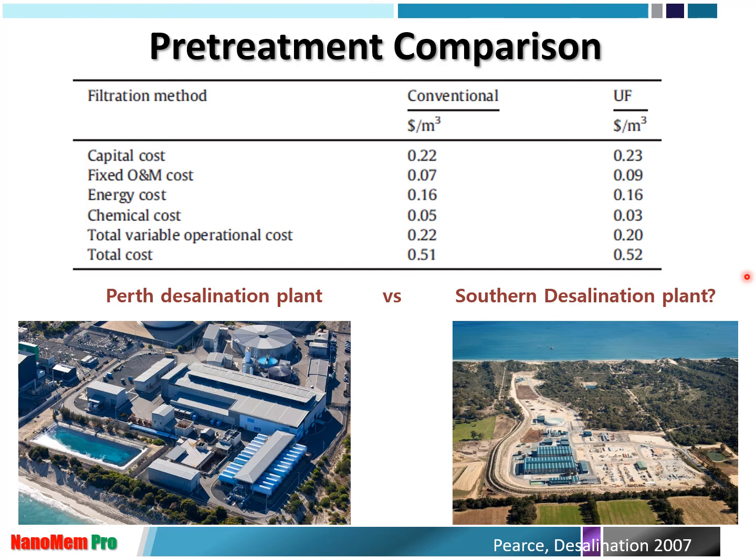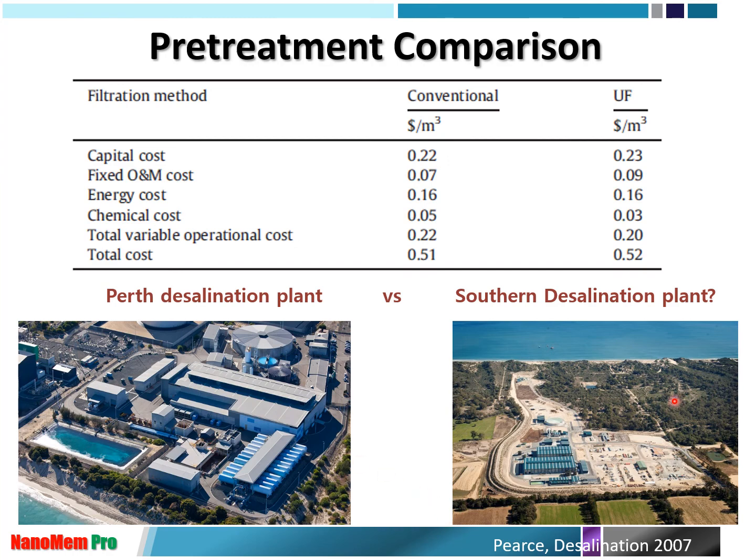So in Australia, we are very fortunate. We have two desalination plants in Perth, Western Australia. So Perth desalination plant, and then down about 100 kilometers, we have Southern desalination plant. So we have a different pretreatment process. Perth desalination plant was made in 1995. That's the reason why they are utilizing conventional pretreatment.